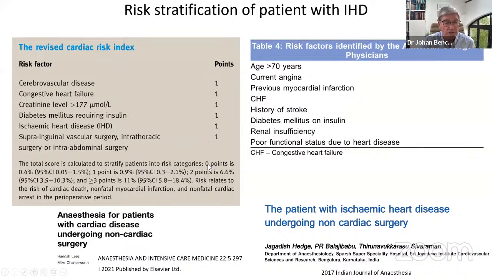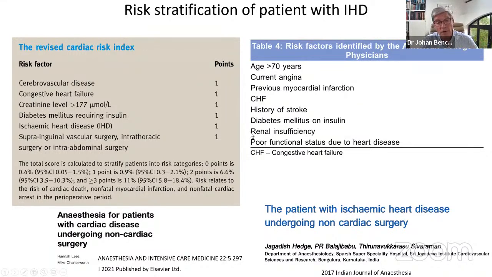And then if you look at the 0 points, then the risk is about 0.4%, 1.9%, 6.6% risk, and more than 3 points, your risk goes up to over 11%. And that risk is the risk of cardiac death, non-fatal infarction, and non-fatal cardiac arrest in the perioperative period. So you can see that this is a group that we will get and we will see.